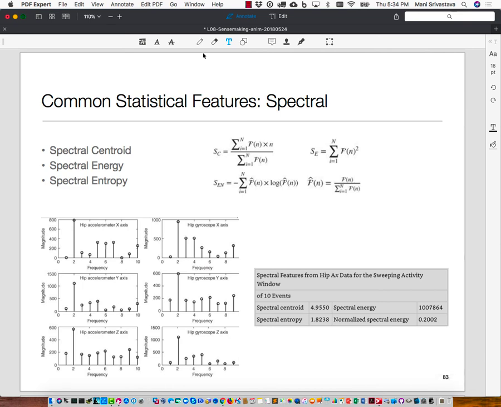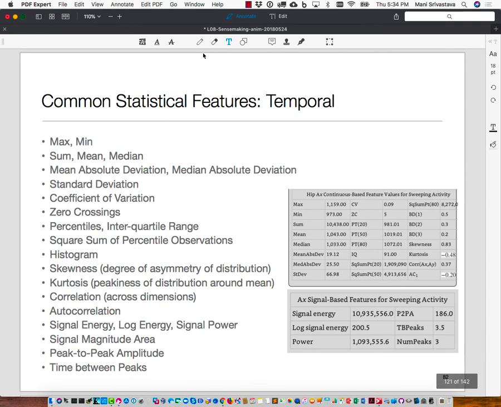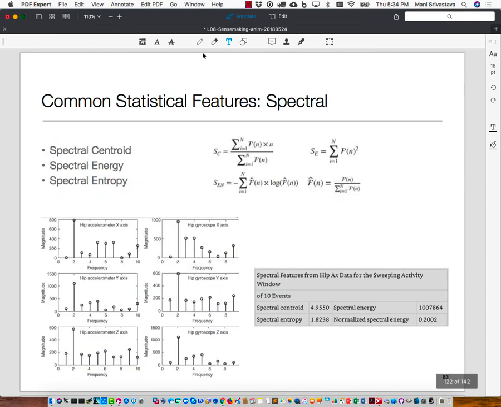All the features that I had previously were about the time aspect. You can also go into features in the frequency domain, and three very common ones are: where is the centroid of the spectrum, what is the energy in the spectrum, and what is the entropy in the spectrum. Again, the formulas are given out here.